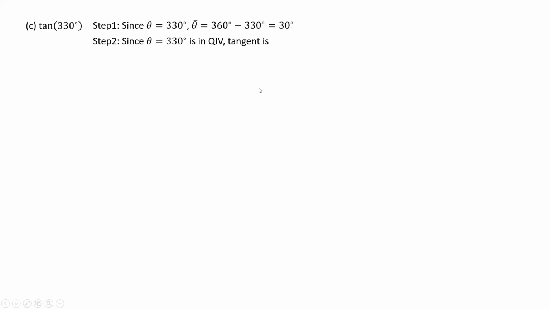So tangent must be negative. Step 3. Tangent of 330 is tangent of 30, the reference angle. The only thing is take a negative sign based on step 2. And that turns out to be tangent of 30. Sine 30 is 1/2, cosine 30 is square root of 3 over 2, 1/2 over square root of 3 over 2 is 1 over square root of 3, so negative 1 over square root of 3, negative square root of 3 over 3.